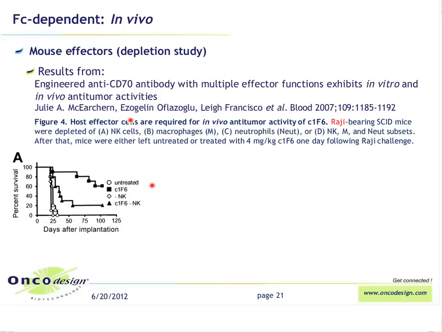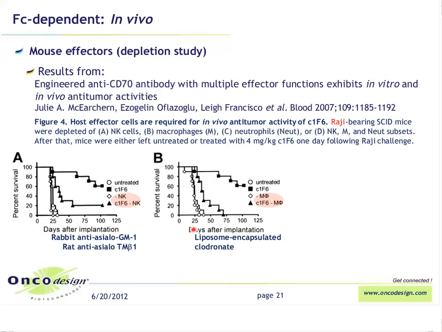This is the result on Raji tumor-bearing animals, testing the depletion of all the mouse effectors. First, the depletion of NK cells using antibodies against the mouse NK cells, and we clearly observe a decrease of the antibody function.